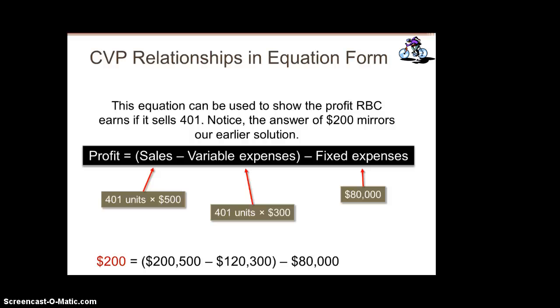If we were to multiply 401 units times $500, 401 units times $300, subtract the $80,000 of fixed cost, we would end up with our $200,500 of revenue minus our variable cost of $120,300 less our fixed cost. We would have $200 of profit.